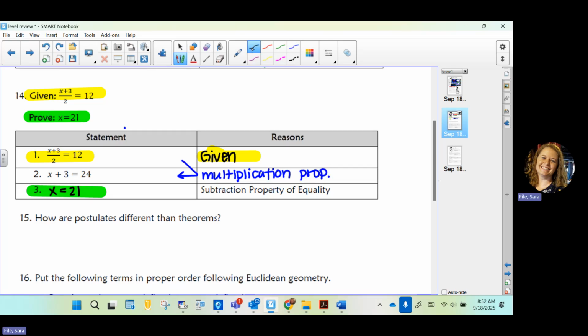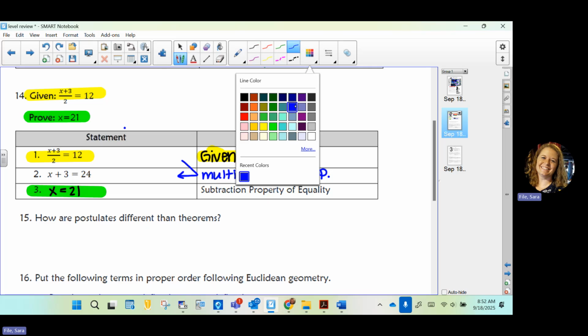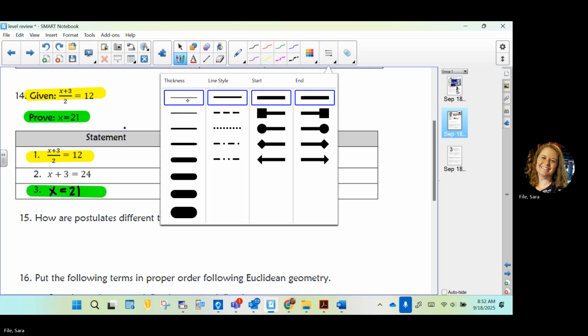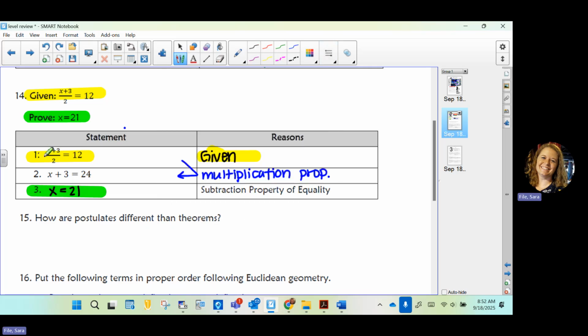If you want to show them multiplying, you could do that. You could see that they're multiplying by 2 on both sides to eliminate that denominator of 2. So then you're left with just the numerator, x plus 3, and then 12 times 2 is 24. And then you can see they subtracted 3 from both sides to get 21. They already wrote subtraction property.